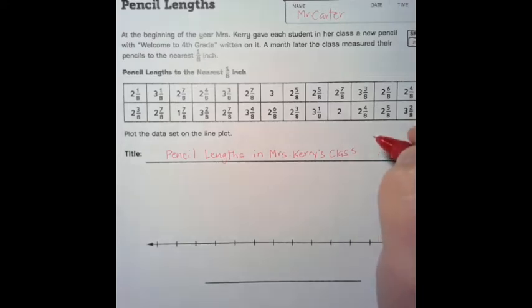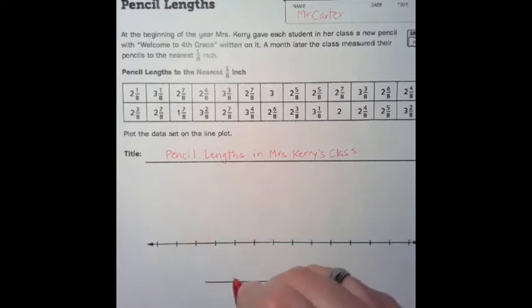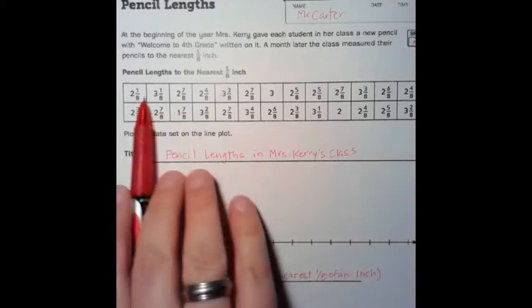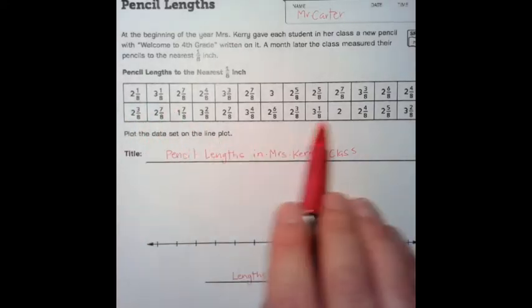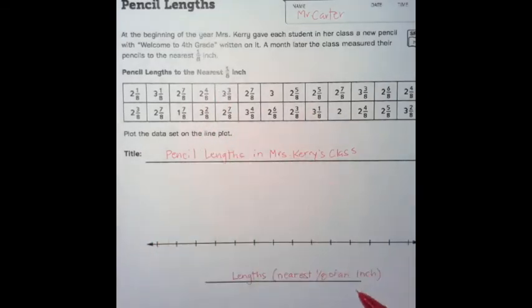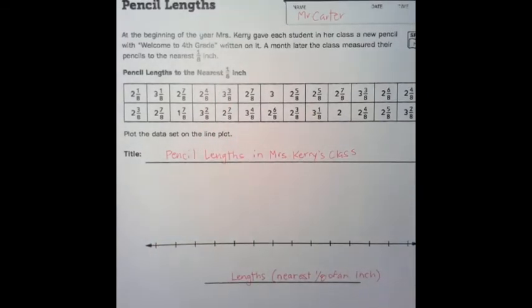Okay, and down here it would be a title for what we're going to end up putting here, which is our measurements, the length of the pencils, to the nearest 1/8 of an inch. Because if we look closely, all the measurements are to the 1/8 of an inch. So that's why we need to specify here that it's to the nearest 1/8 of an inch.